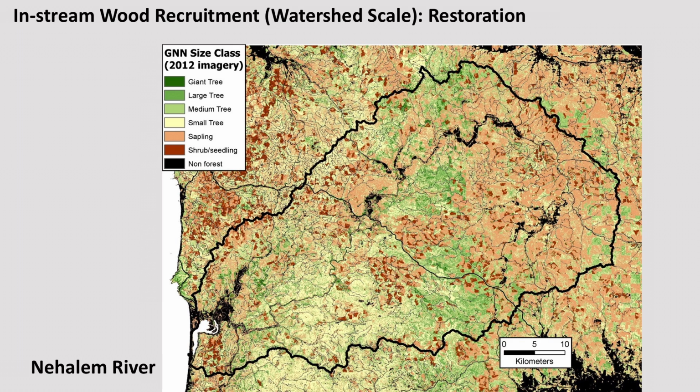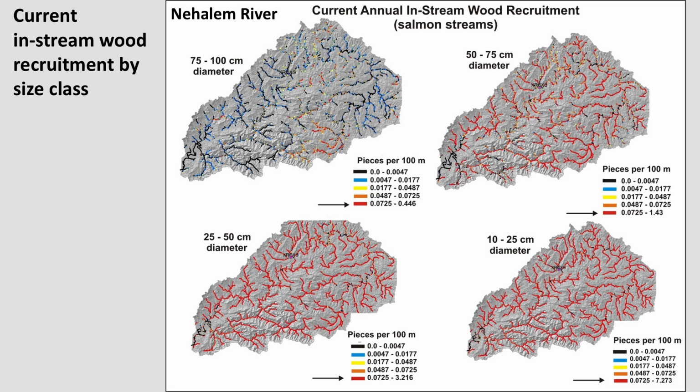And we take that and we put that in our models in the virtual watershed. So this is current in-stream wood recruitment by size class. So we can calculate the wood recruitment by different size classes. And this is 75 to 100 centimeter diameter, 50 to 75, 25 to 50, and 10 to 25. And these axes, these legends are all the same except for the last legend break.